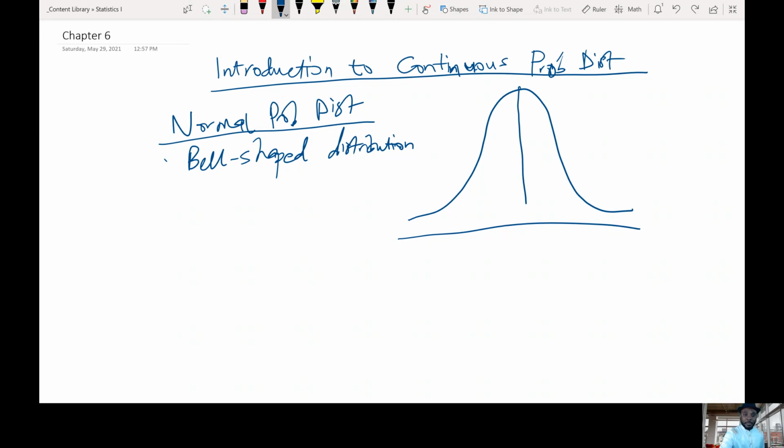So we are saying that this side is 50% and this side is 50%. So it's symmetrical. That's what we're saying, in essence.